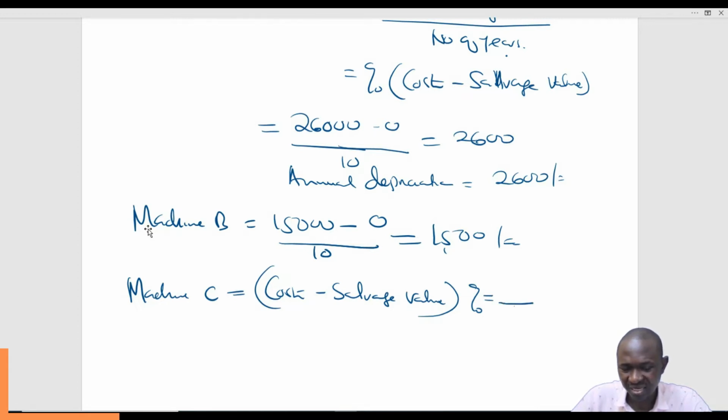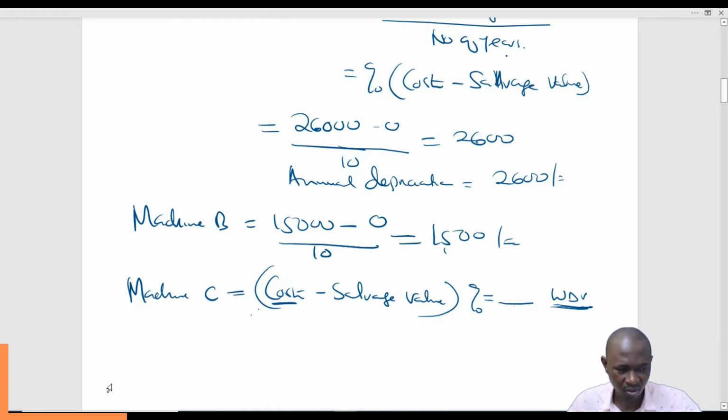But the difference between the reducing balance method and the straight line method is that it uses what we call the WDV, written down value. So we are going to keep on using the written down value of that year to work out the following year.